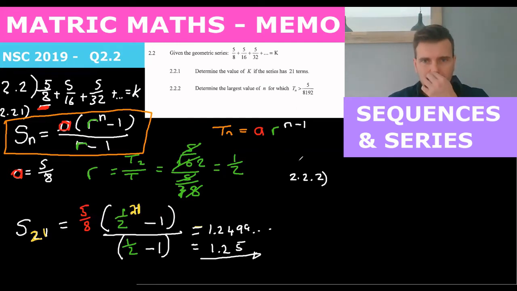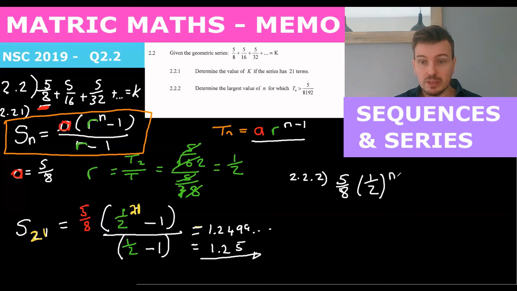So if we say Tn is greater than 5 over 8192, let's substitute for Tn. So we'll say 5 over 8, because that's a, times r, which we know is a half, to the n minus 1, is greater than 5 over 8192. n is the thing we need to solve for.